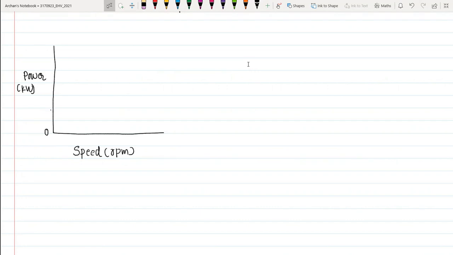So this is 0, 20, 40, 60, 80 and 100. Similarly, speed is in RPM, so 1000 RPM, 2000 RPM, 3000, 4000 and 5000 RPM. Okay, so now we are talking about the power curve.